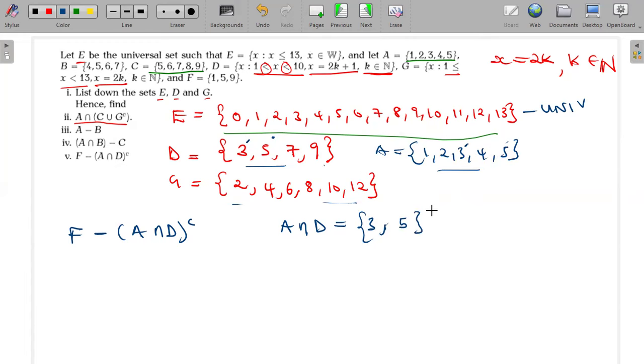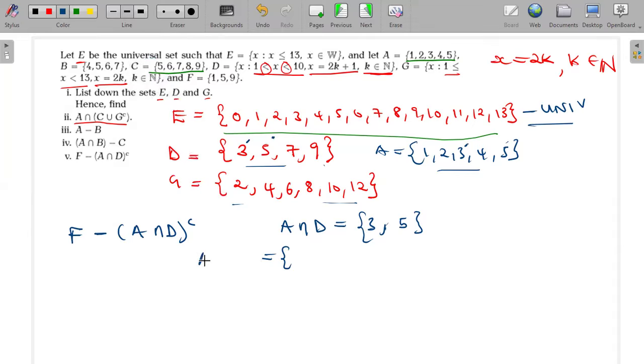Now, saying the complement of this. So the complement, we said they are elements that are not in this set here, but will sit in the universal set. So now I look at what those elements are, and they are the majority of the elements. So every other element in this universal set, apart from 3 and 5, are going to be in the complement. So now let me list.